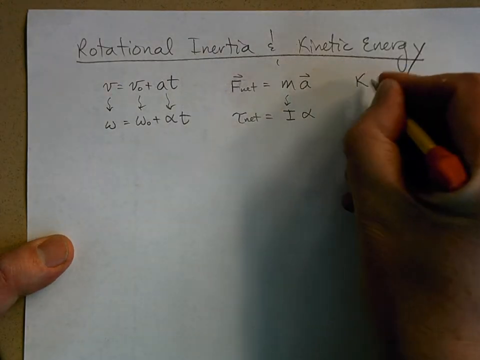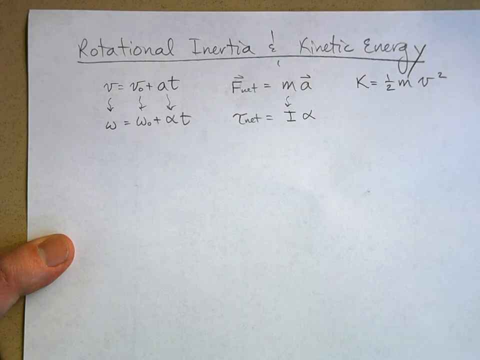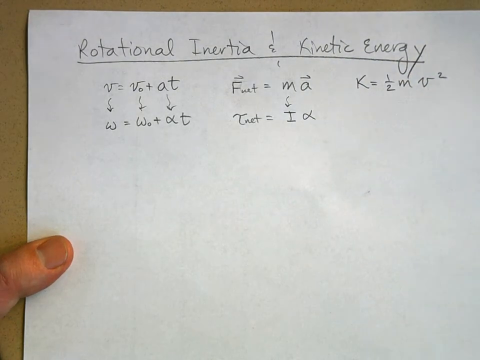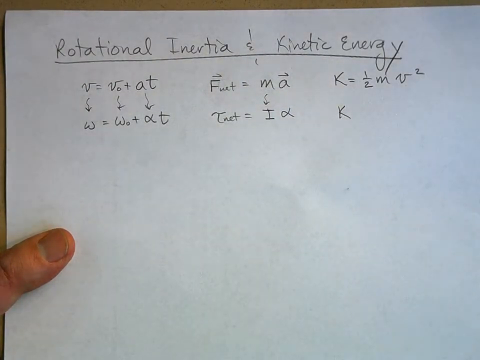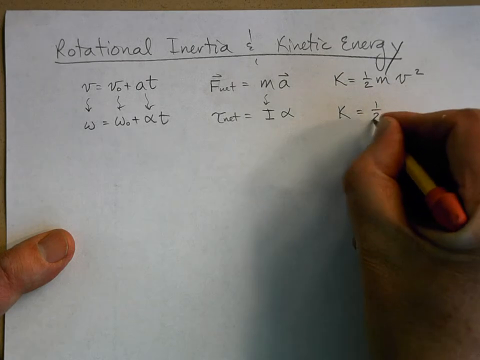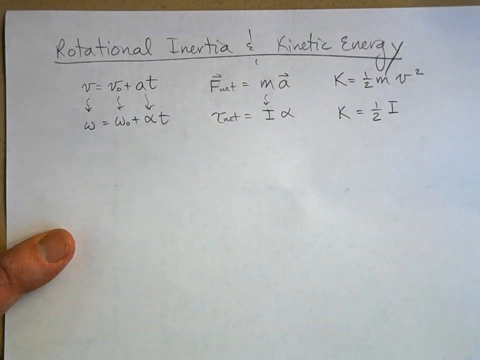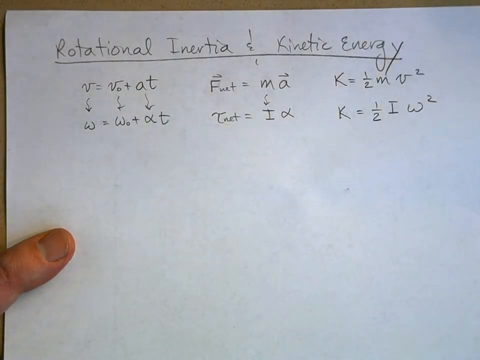And then we have kinetic energy equals 1/2 the mass times the velocity squared. Well, I'm going to show you that the kinetic energy of a rotating object is equal to 1/2 the rotational inertia, the rotational mass if you want to think of it that way, times omega squared.